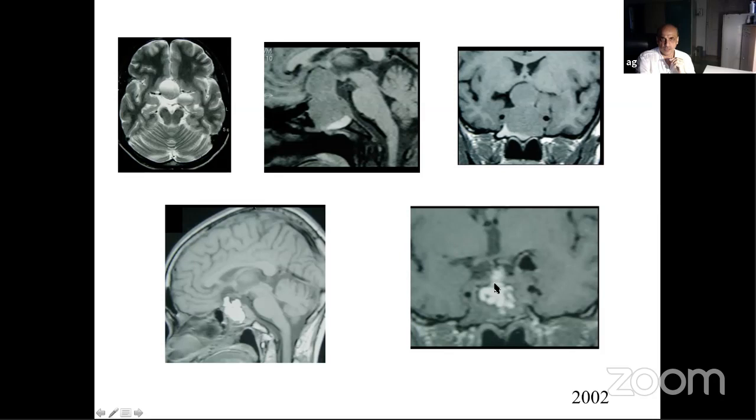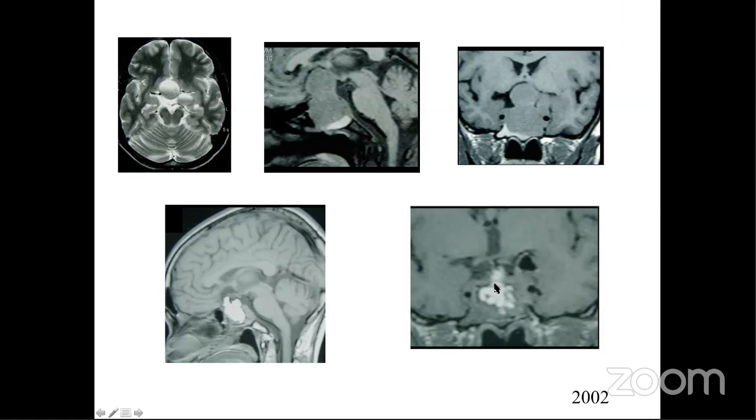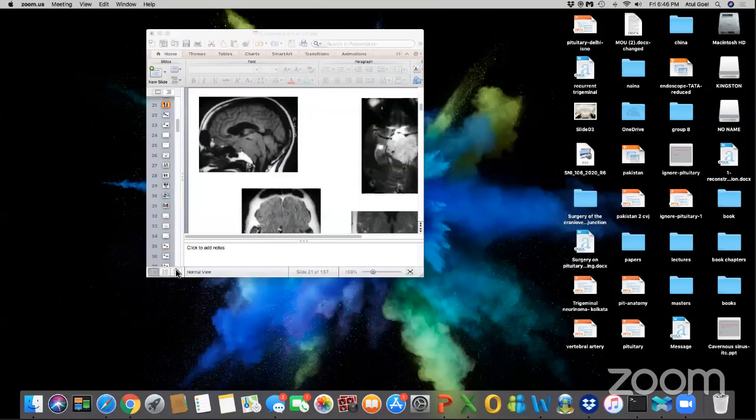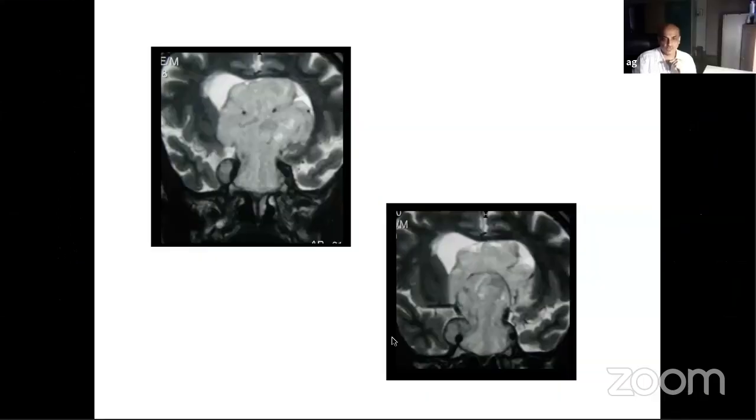It is going to be extremely rare that the tumor will actually encase the arteries of the circle of Willis.